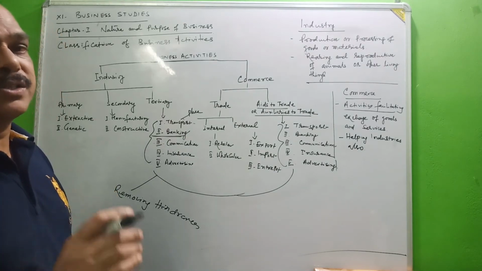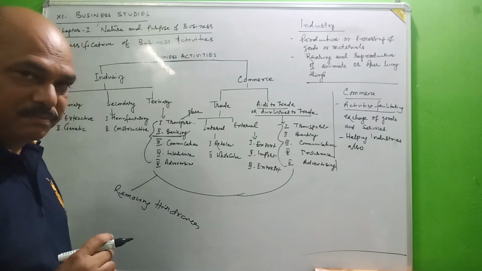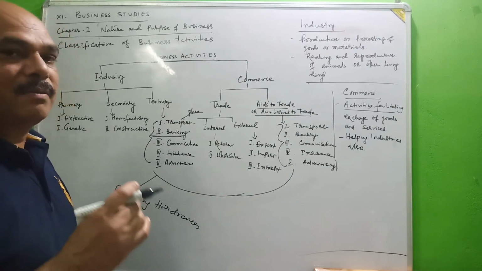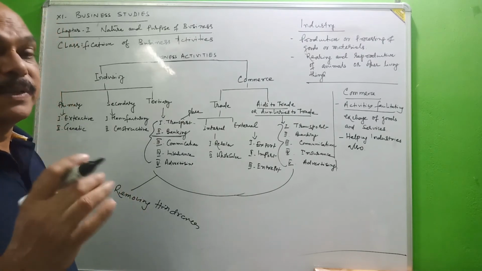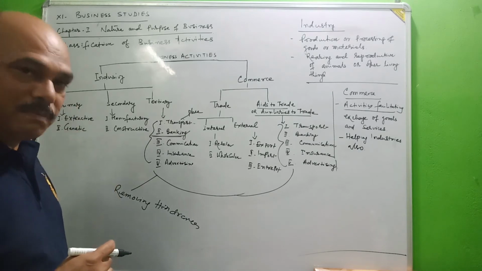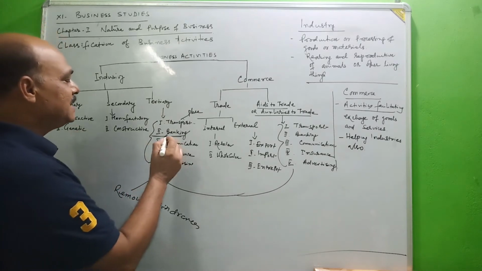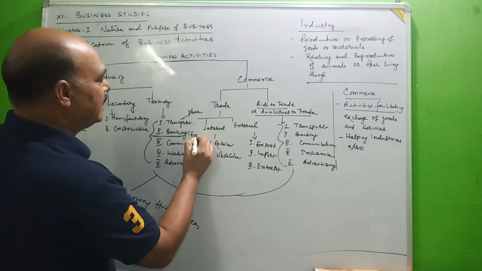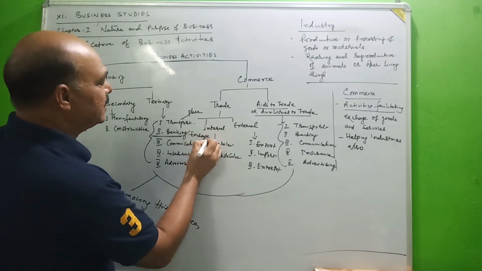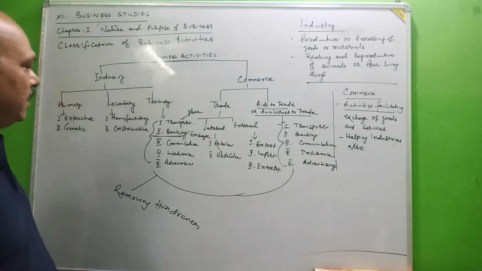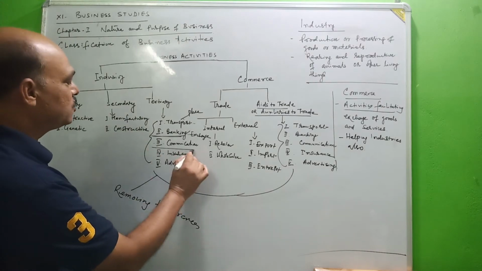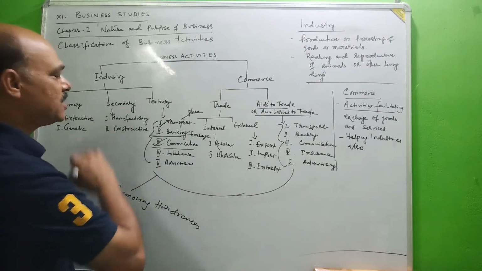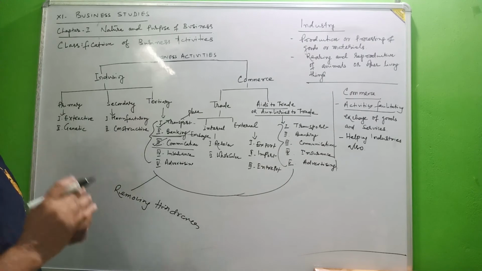Numerous digital transactions are done nowadays. Banking is playing a major part in our business. So banking is removing the hindrance of exchange. Then communication: you should take communication and transport at the same time.